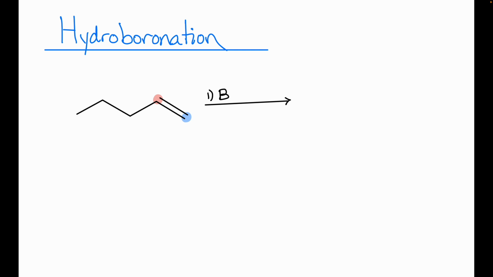You're going to react it with what's called borane, BH3. You'll see it usually presented in our textbook. This is how it is, so I'm going to be consistent here. It tells you the solvent that it is in. These reactions are carried out in tetrahydrofuran, a particular solvent. All right, and then you follow it up with peroxide and sodium hydroxide, peroxide and base.